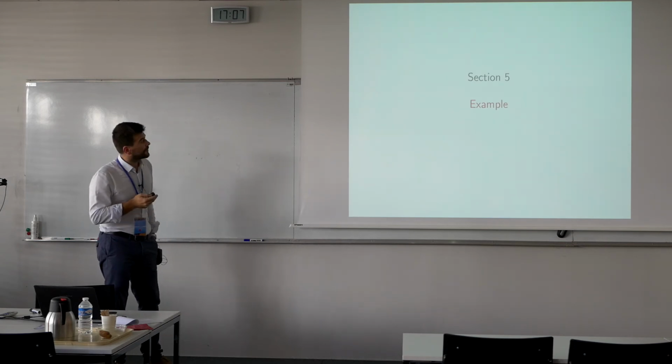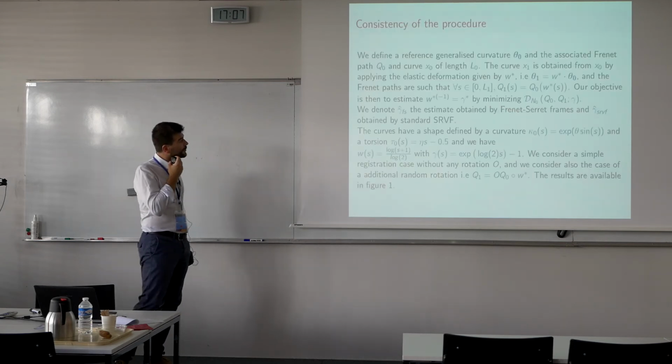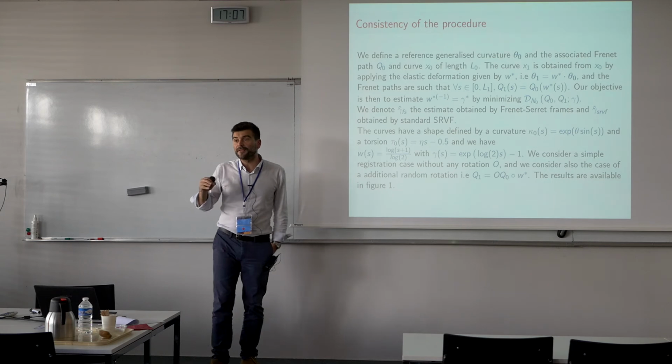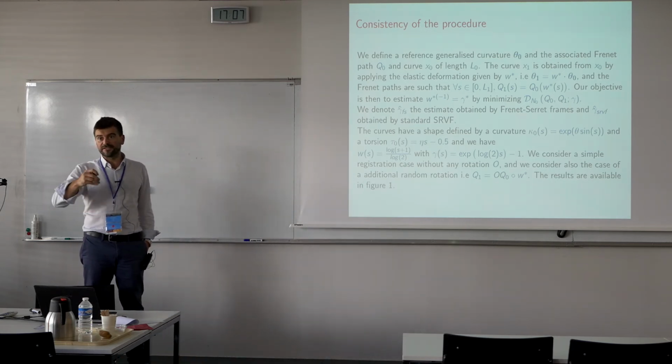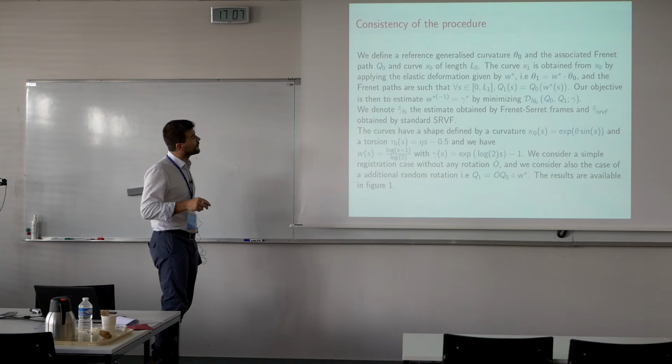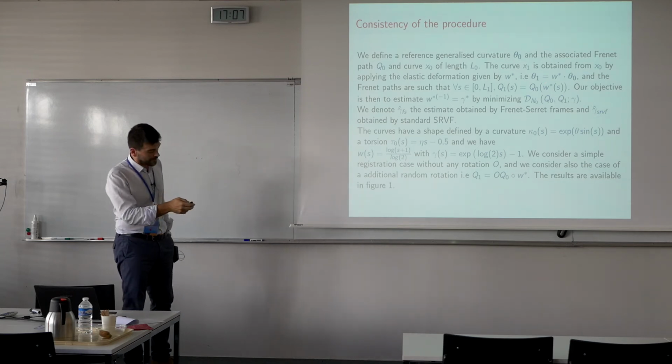Okay, a small example. Our problem was just to check that we are really able to estimate stretching correctly from discrete data. We have a theta 0 here, which is our reference, and we compute Q0, the Frenet path. We compute theta 1, which is the action of W star on theta 0, and the corresponding Q1.